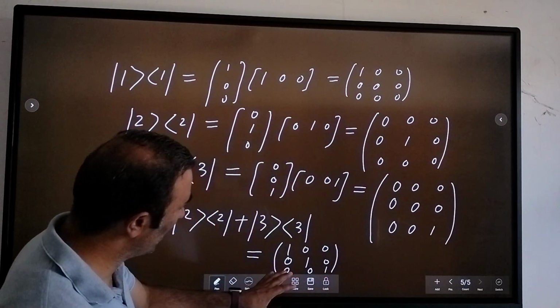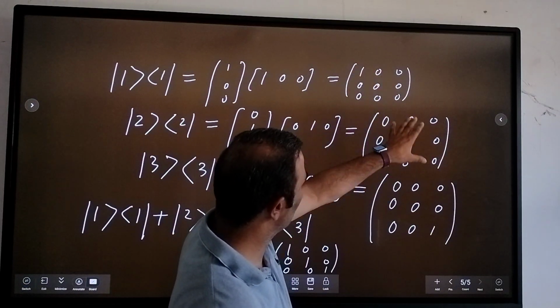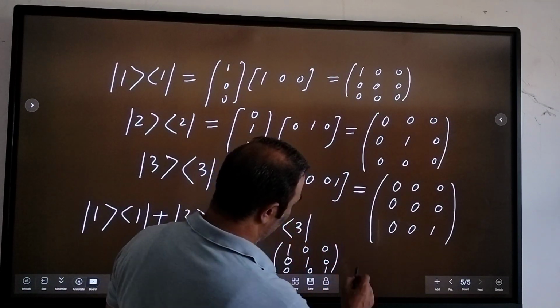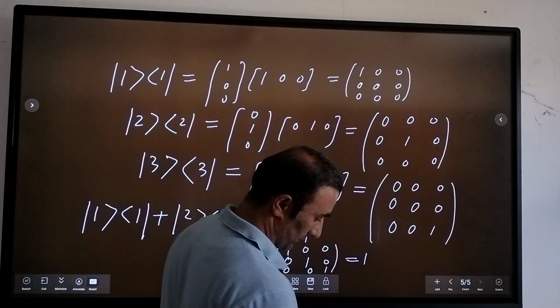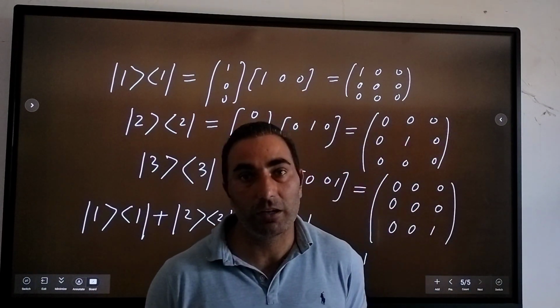If I add this, I will get this thing, because this plus this plus this, so that is 100 plus this, so only those diagonal elements will be equal to 1, so this is our completeness relation. So from completeness relation it has many properties.